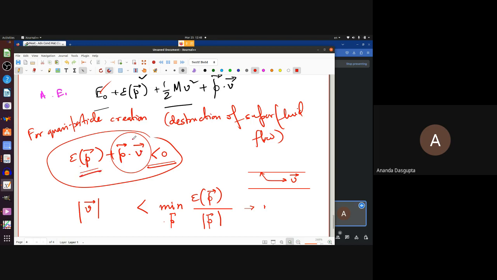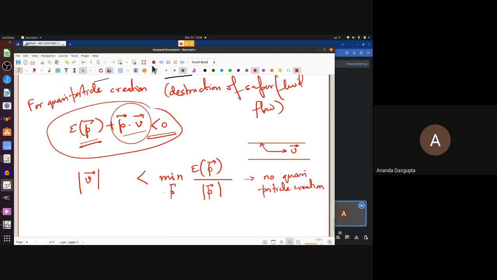Unless this thing is negative and has a magnitude larger than this, you will never be able to satisfy this condition. So this is the criterion for quasi-particle creation. But if V is less than this minimum value, then no quasi-particle creation can occur, simply because it would be impossible to satisfy this condition.